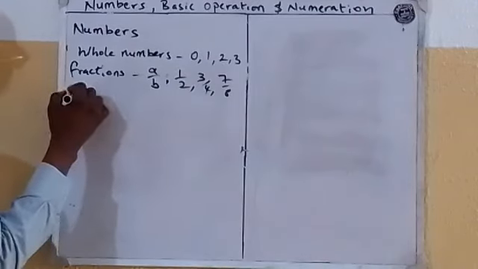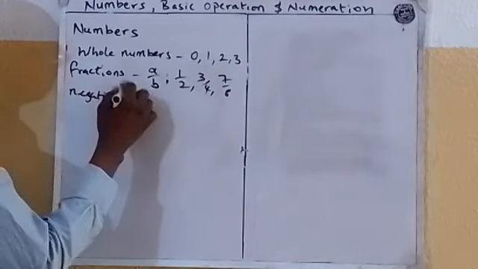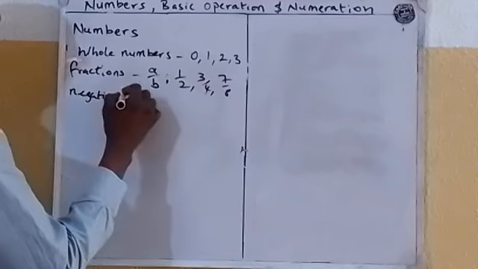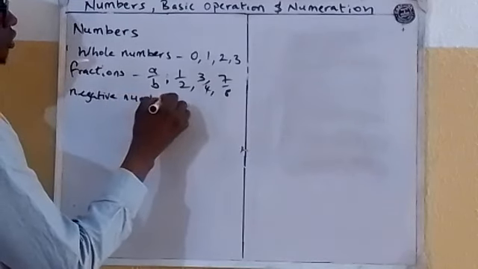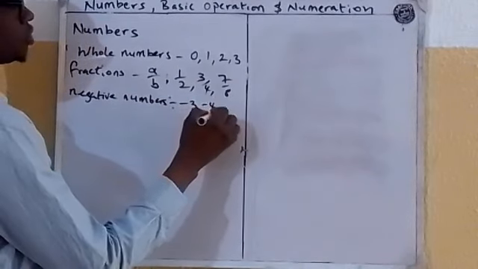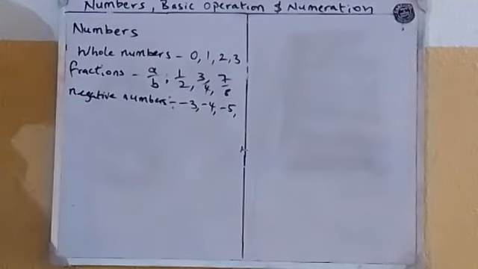Then you have negative numbers. Whole numbers, positive and negative, are known as integers. Examples of negative numbers include -3, -4, -5, etc. It's endless.